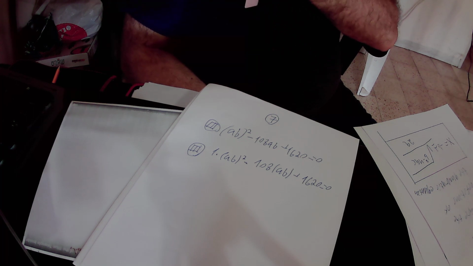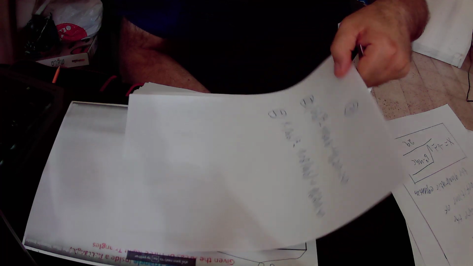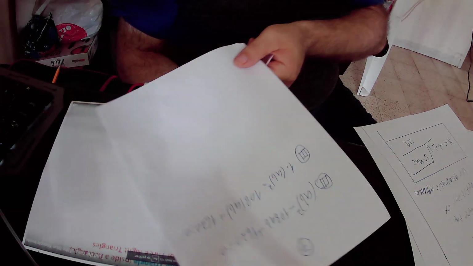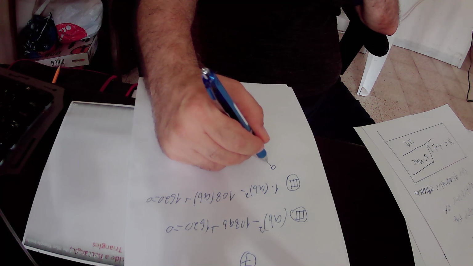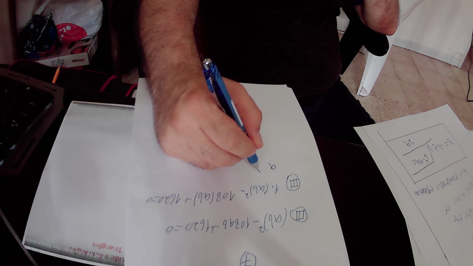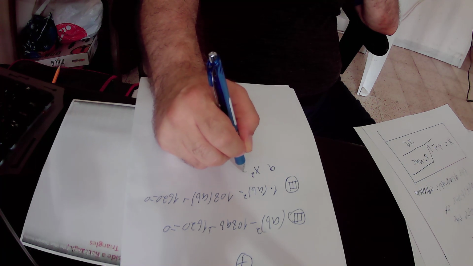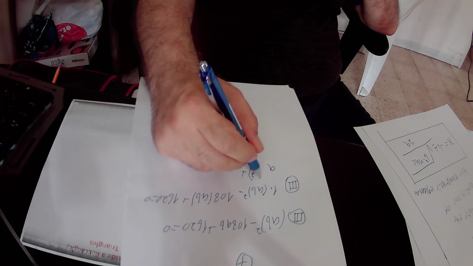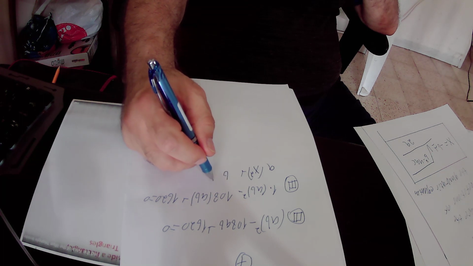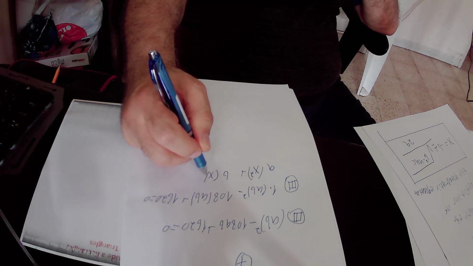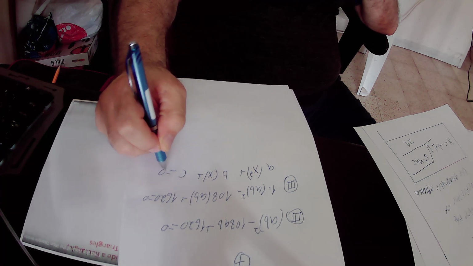So as you can see here, I will write down the general quadratic equation. It is A times x squared plus Bx plus C equals to 0.